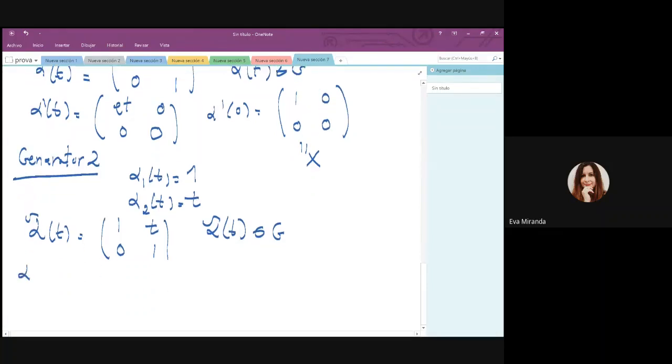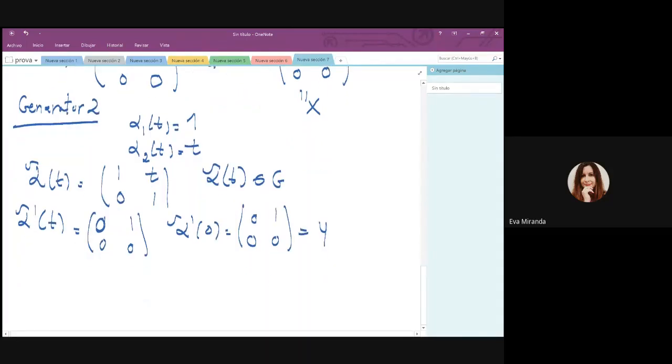Now I take alpha prime and I get 0, 1, 0, 0, 0. Do you agree with me? Okay, and in particular, when I evaluate at 0, I get 0, 1, 0, 0. I may call this guy y.